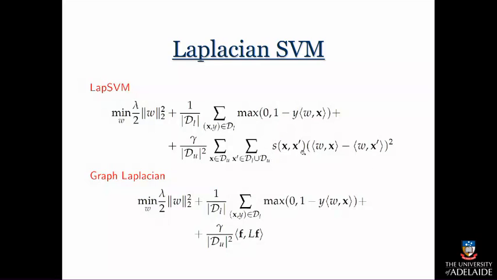We want to minimize this value as well. This third term encodes the idea that if two data points look similar, then the classification scores on these two data points should be similar.